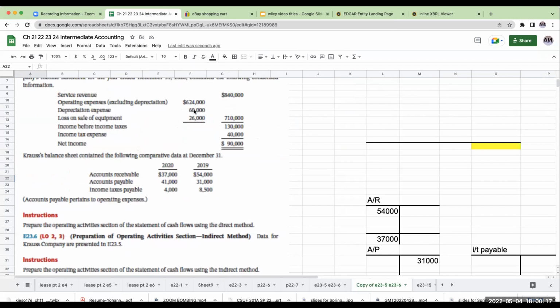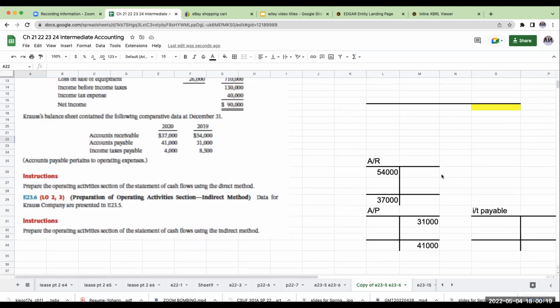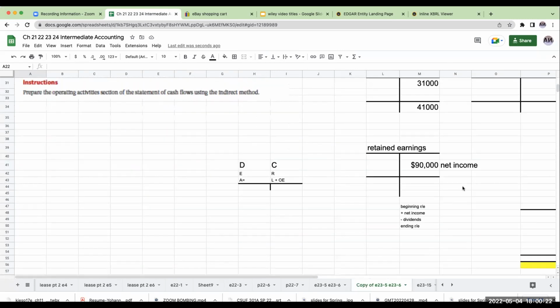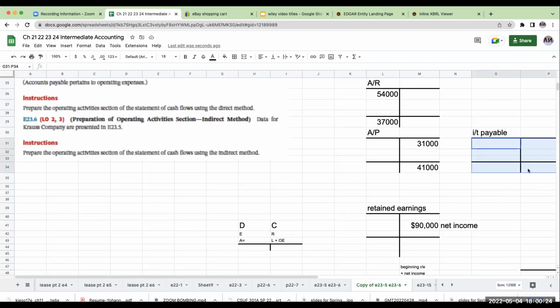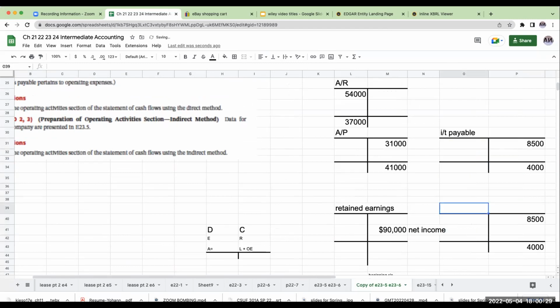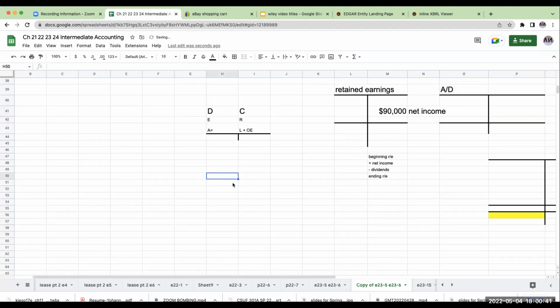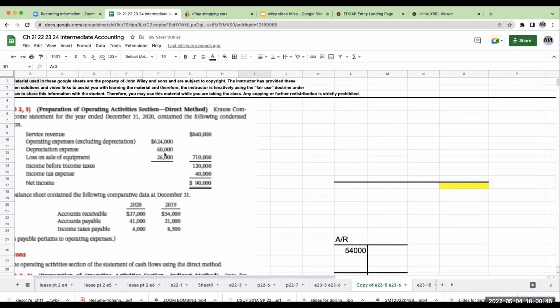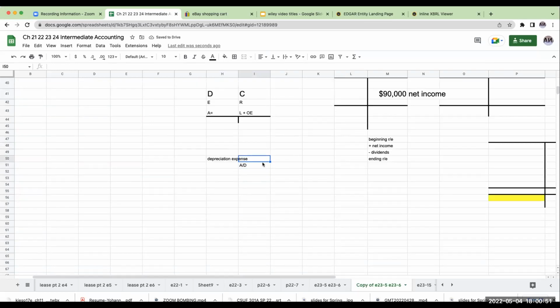This other item right over here, depreciation expense. Well, if we had the 60,000 over here, what T account would that be going into? The T account that depreciation expense goes into is our accumulated depreciation. Just remember the journal entry that generated this depreciation expense: I would debit depreciation expense and credit accumulated depreciation, for a balance here of 60,000.